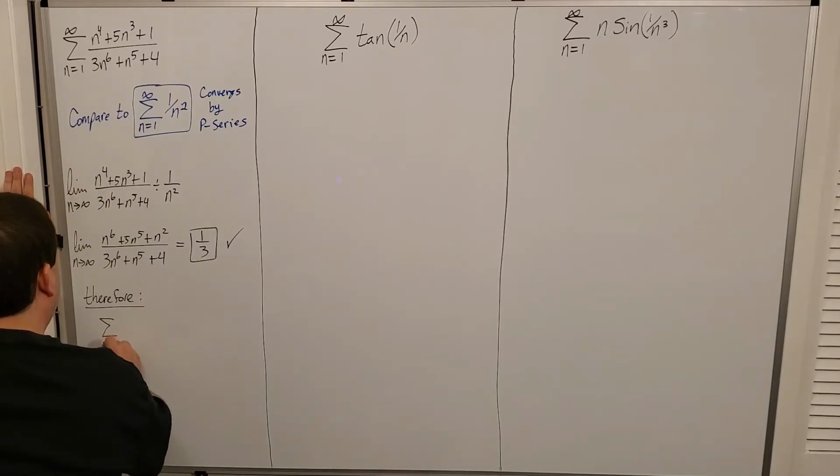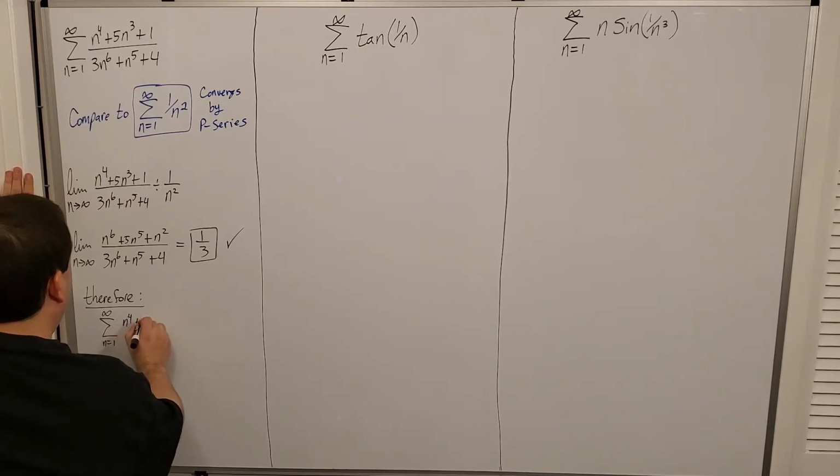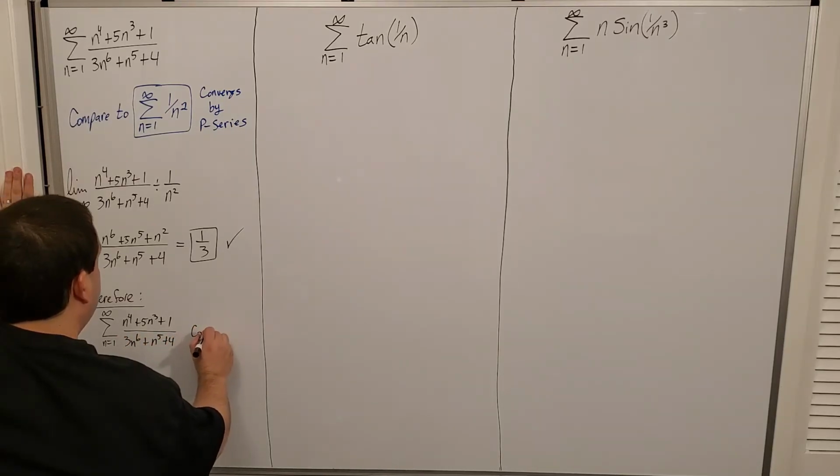Therefore, the sum from n equals 1 to infinity of n to the fourth plus 5n cubed plus 1 over 3n to the sixth plus n to the fifth plus 4 converges by limit comparison.